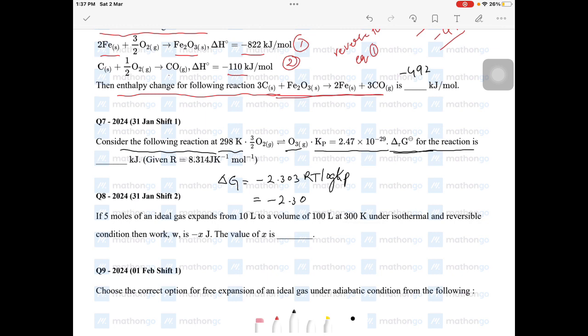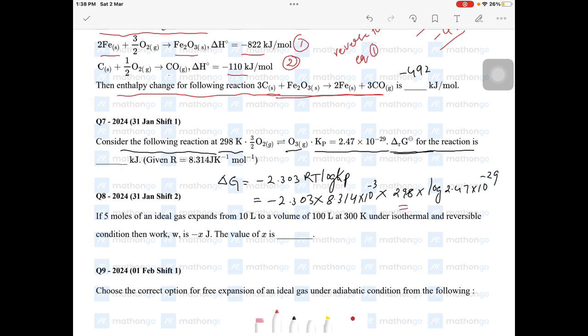Minus 2.303, R value 8.314 in kilojoules, minus 3 into temperature 298 into log Kp, Kp value 2.47 into 10 to the power of minus 29.